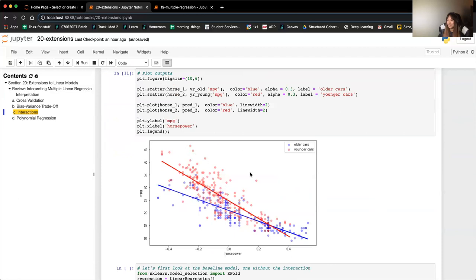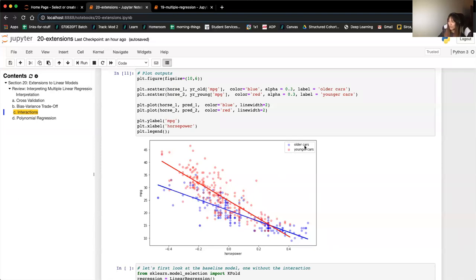So when you plot this graph, if the lines intersect, it's saying that there's a different relationship between older cars and younger cars. Older cars have one kind of relationship, younger cars might have a different kind. And that is a sign of possibly an interaction. If you did this with acceleration or maybe origin, you might discern different relationships.